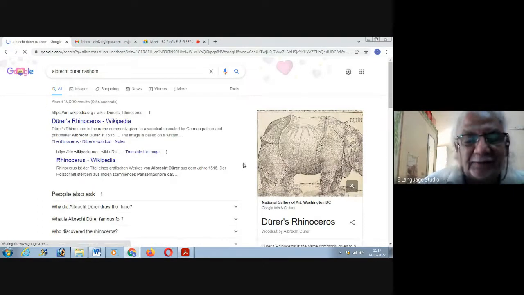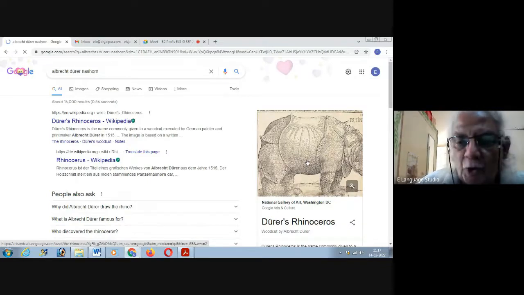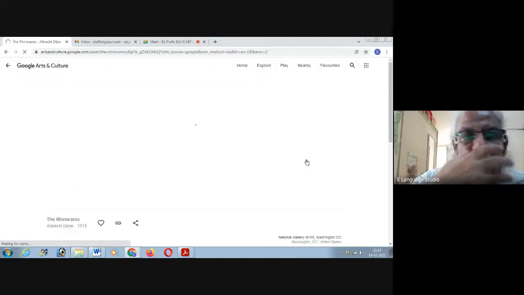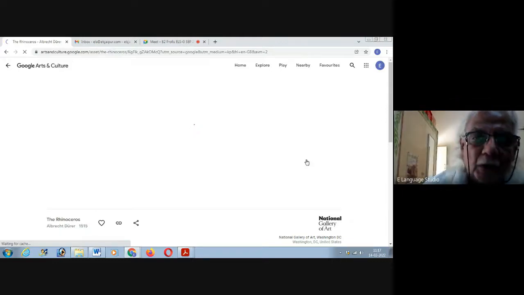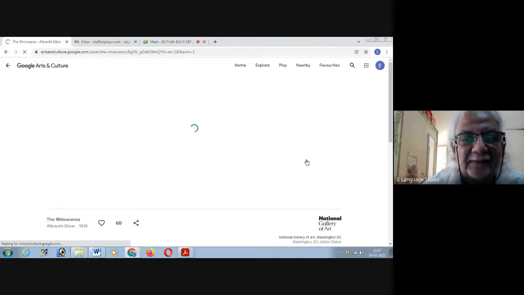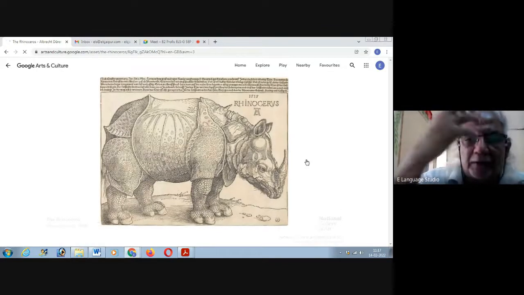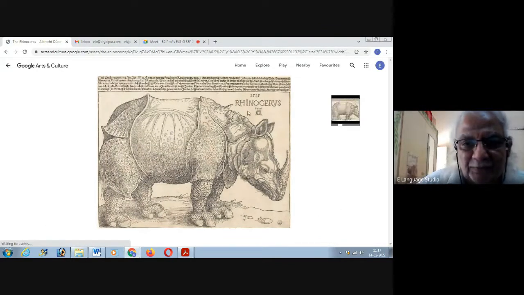This is the picture of a Nashorn, or a rhinoceros. The word rhino, from the Greek word, means nose and a horn. So a horn on the nose. Nashorn. The same word is there in English, rhinoceros. So something growing on the rhino. This is how he drew the rhino.